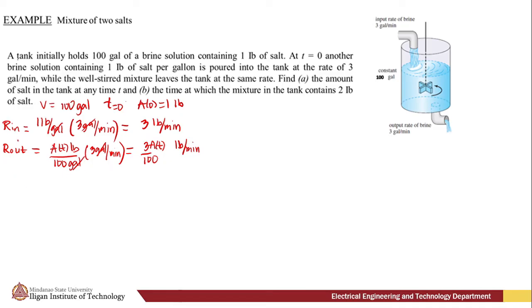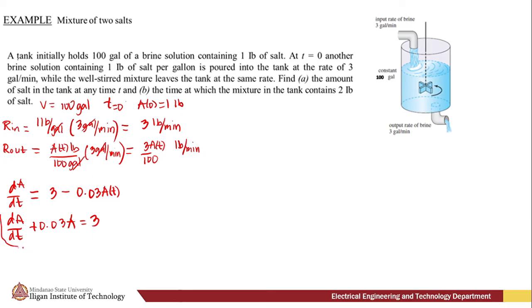So substituting the values of R in and R out to our differential model, we have dA over dt equals R in, which is 3, minus R out, which is 0.03 A of t. Rearranging this, we have dA over dt plus 0.03 A equals 3.